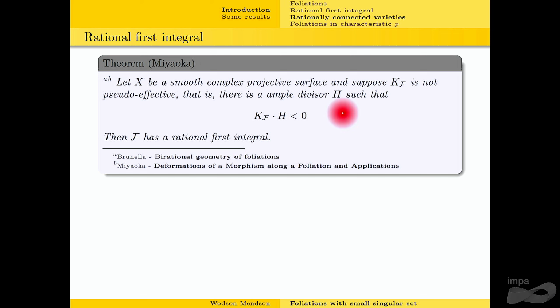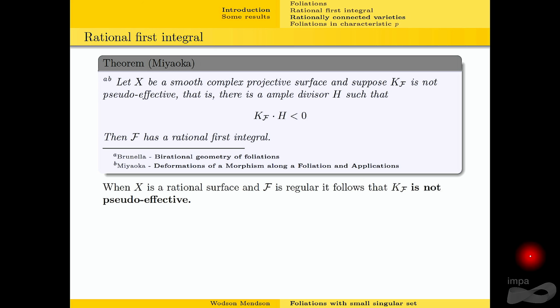We also have this theorem that gives a numerical condition to ensure that the foliation has a rational first integral. You take X, a smooth complex projective surface, and suppose that the canonical bundle of F is not pseudo-effective. This means that there is an ample divisor whose intersection with K_F is a negative number. Then the foliation has a rational first integral.